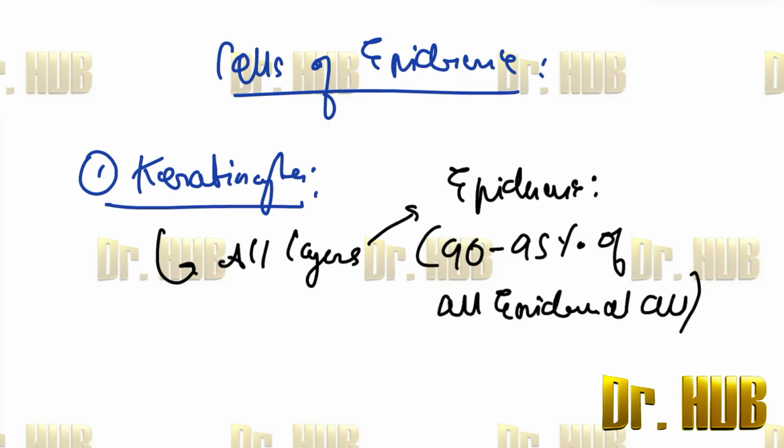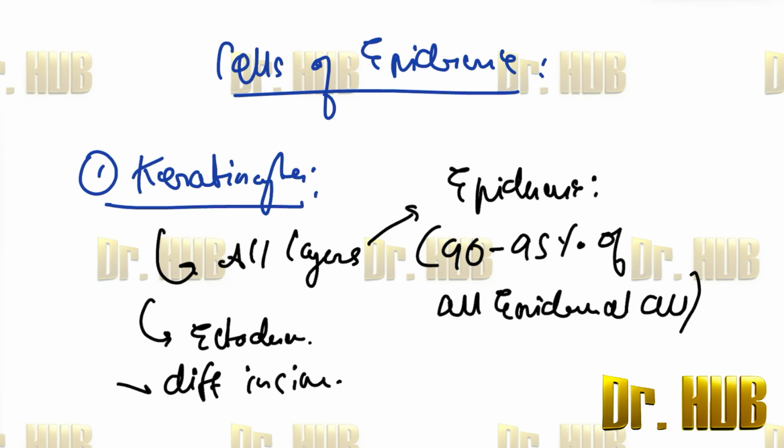It is derived from the ectoderm, and the keratinocytes are differentiated in situ. What are the characteristic features of the keratinocytes?